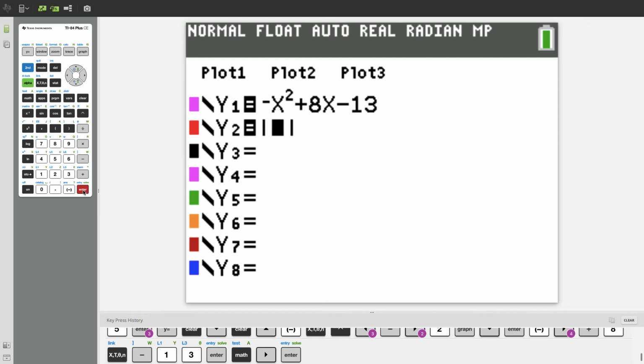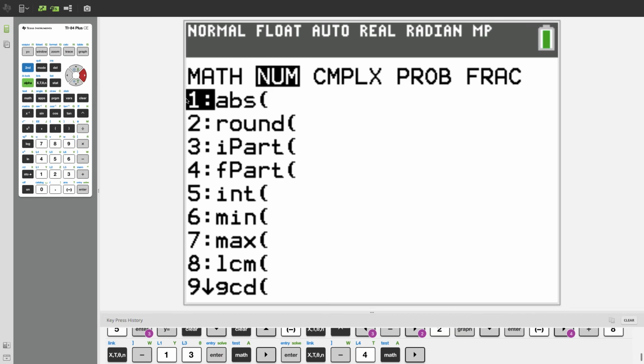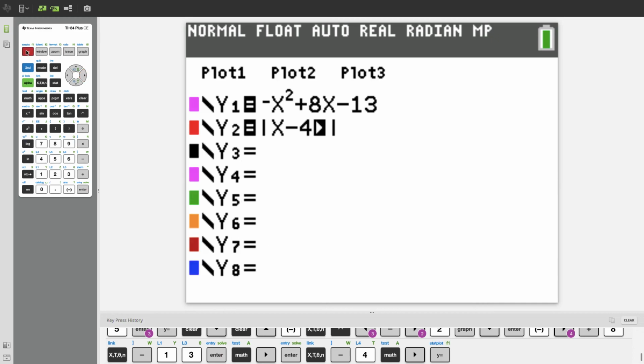I want x minus 4 in there. Math, go over to number on your over button, and number 1 is ABS. Hit enter. Yours has a parenthesis, but yes, it has ABS in parentheses. It's just the older programming.